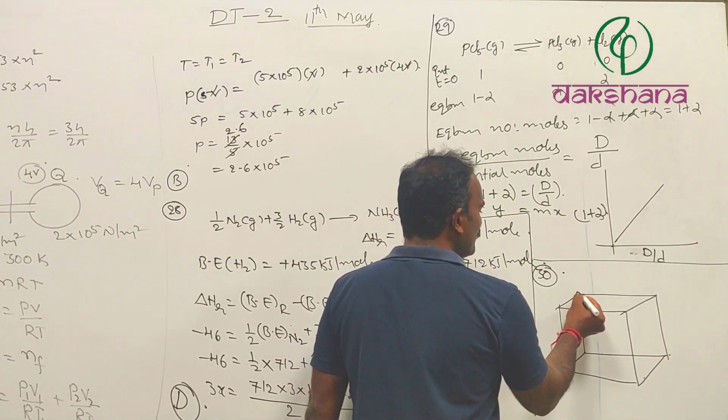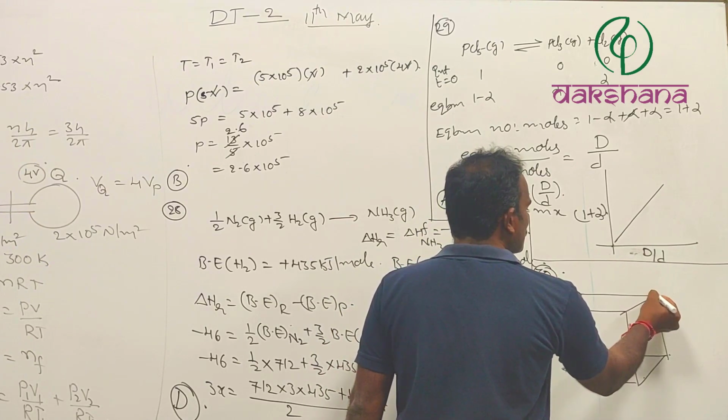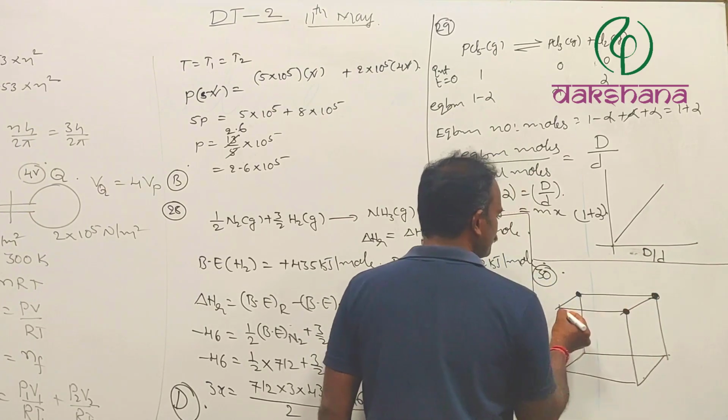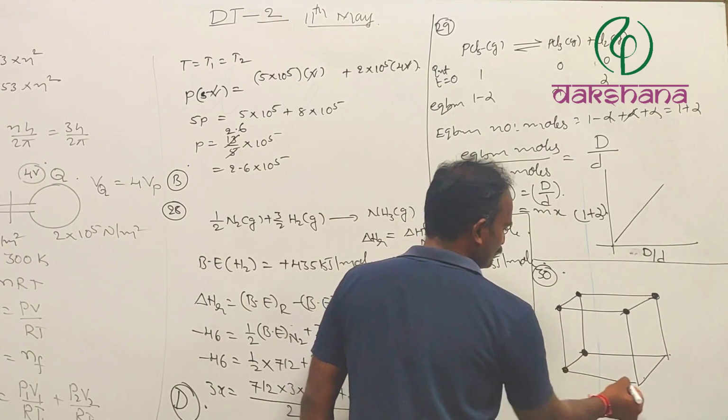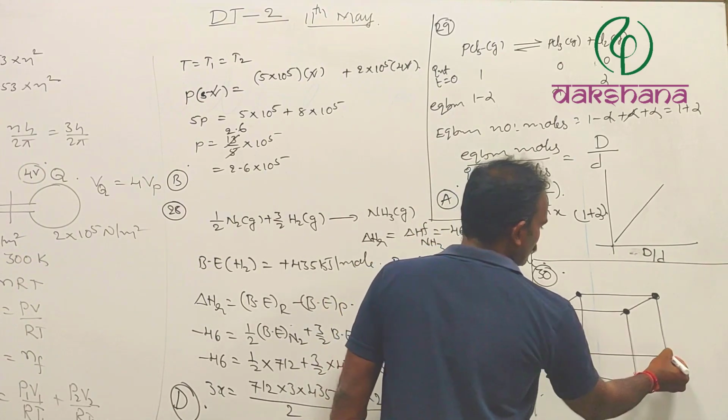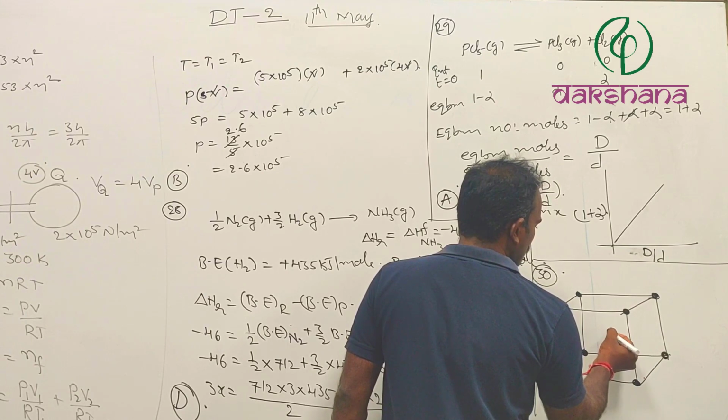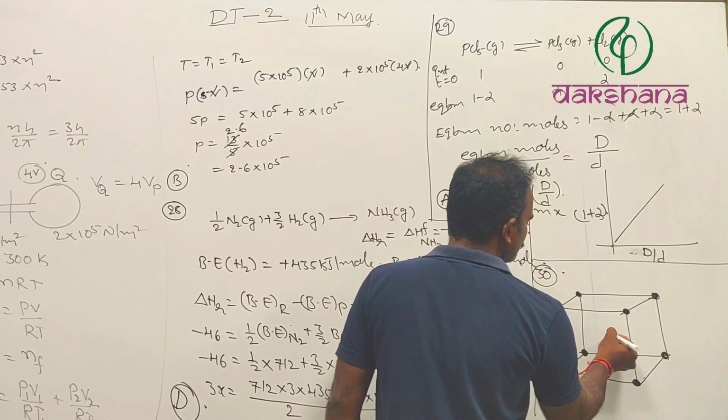In body centered cubic, atoms are present at all corners as well as at the body center.